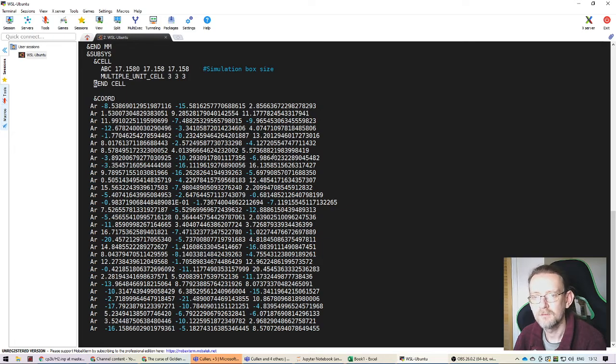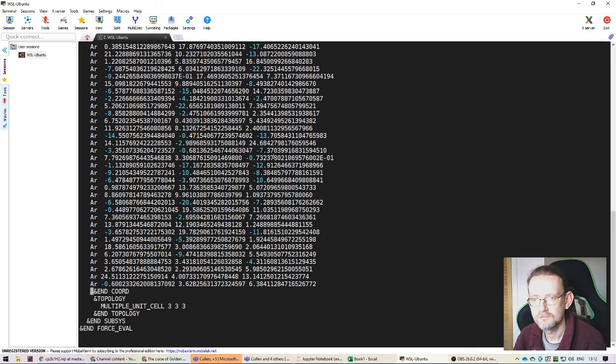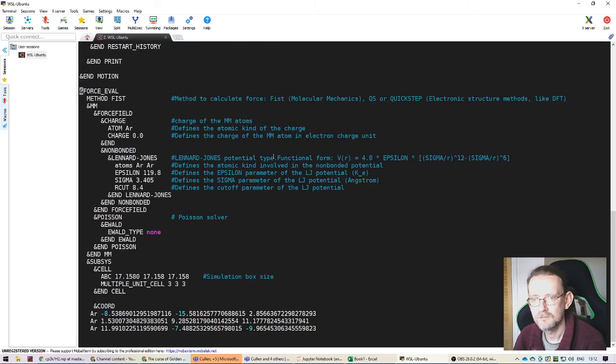Oh, it's actually a bigger one. So we're calculating the forces using this classical module, this method to calculate the force. As you see in this one that has the comments, you use FIST to do molecular mechanics, which is a word for a classical approximation, and Quickstep to do electronic structure methods like density functional theory.